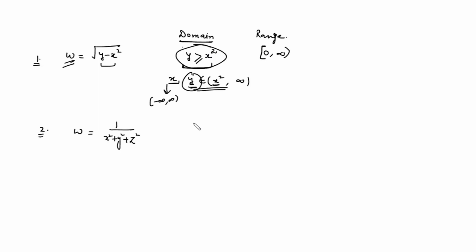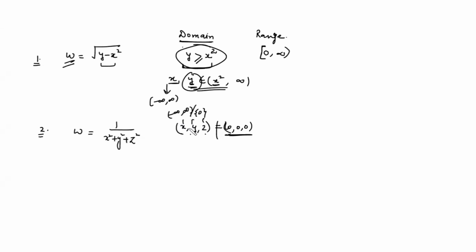Yes, or you can say x comma y comma z is not equal to 0 comma 0 comma 0, right? So this is a 3-tuple element x, y, z. All these 3 are independent variables, and the condition is that all these 3 should not be equal to 0 simultaneously, right?